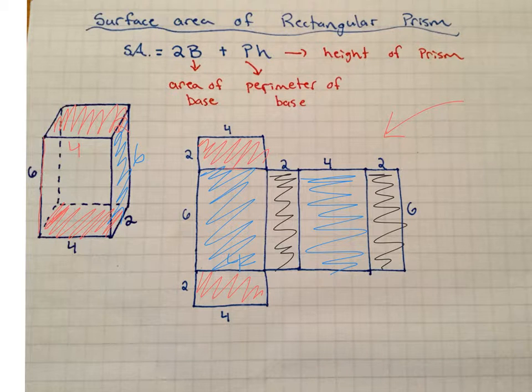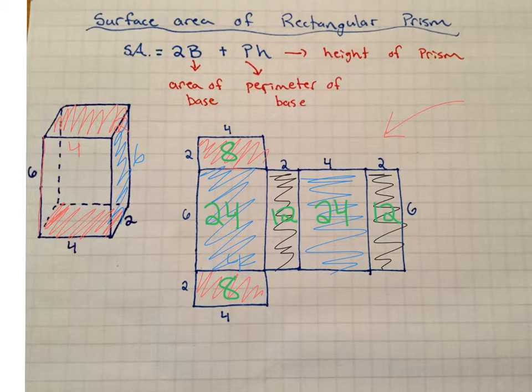Alright, so 2 times 4 is 8. 6 times 4 is 24. 2 times 4 is 8. 2 times 6 is 12, 6 times 4 is 24, and 2 times 6 is 12.